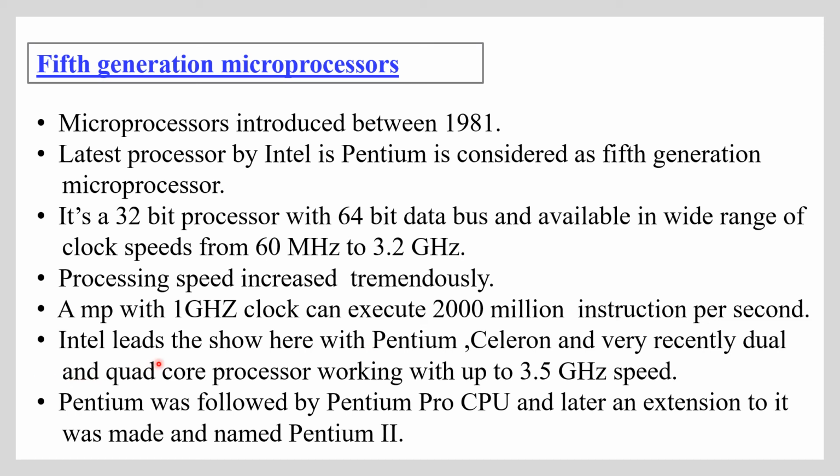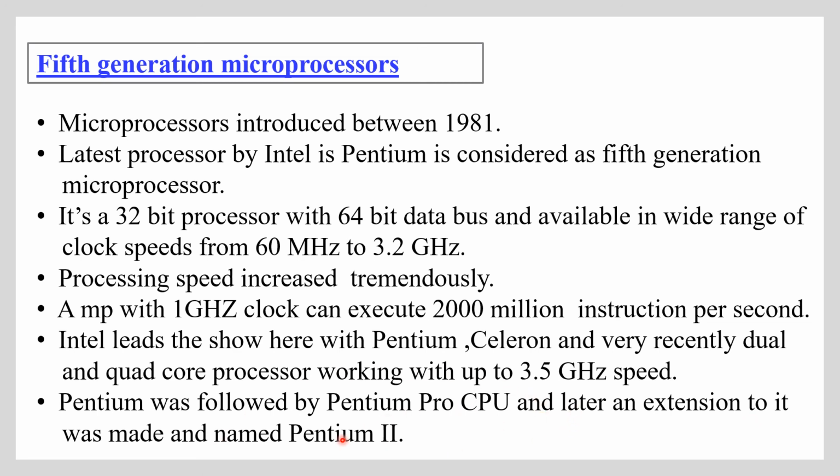Intel leads the show with Pentium, Celeron, and recently dual and quad-core processors working at up to 3.5 gigahertz speed. The Pentium was followed by the Pentium Pro CPU, and a later extension to it was named Pentium 2.